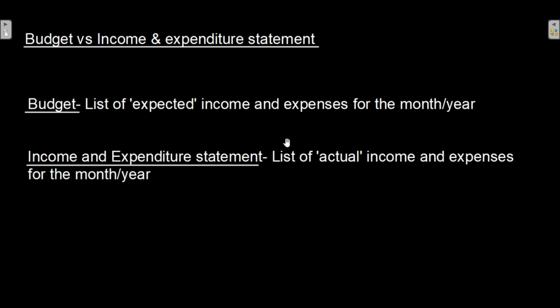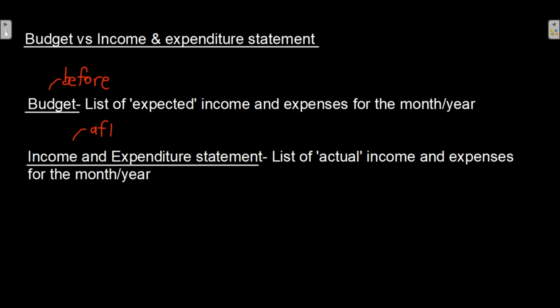So this means that this records the income and expenses that actually occurred. So, what we are saying is that the budget is recorded before the actual income and expenses occur, and then the income and expenditure statement is recorded after.